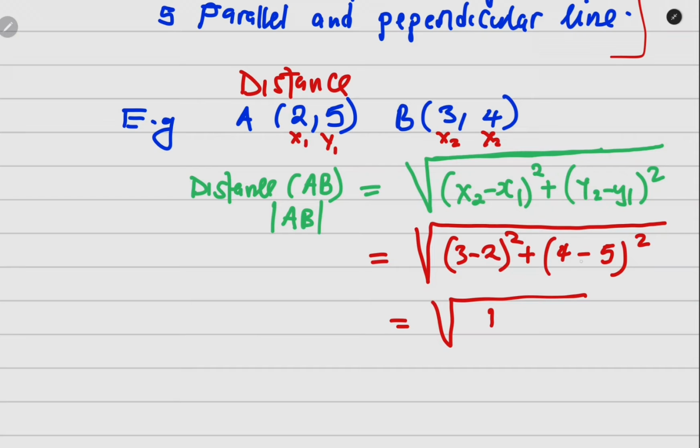Then 4 minus 5 is negative 1, but anything negative squared gives a positive, so this will still be plus 1. So in this case, we are finding the square root of 2.